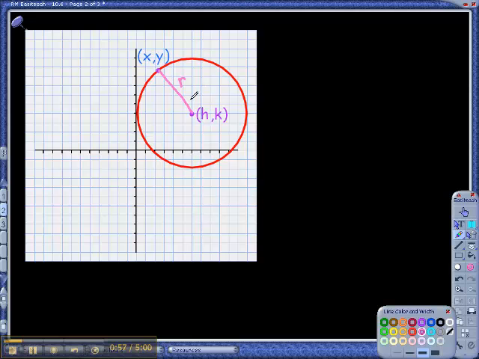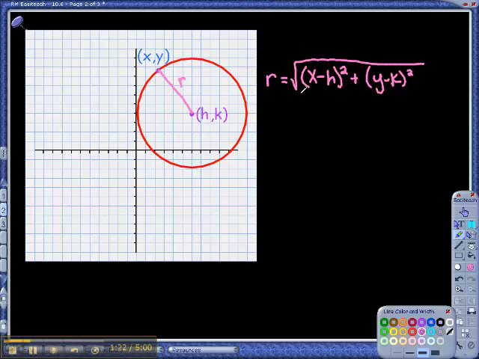To find that radius, we could use the distance formula: the difference in the x value squared. I'm calling x comma y any point on the circle. So x minus h, quantity squared, plus the difference in the y value squared, y minus k, quantity squared.